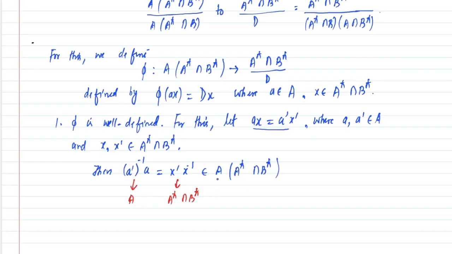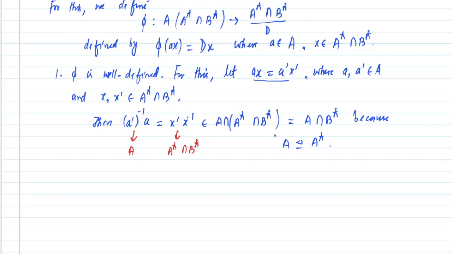But here A is a normal subgroup of A star, so we must have this equal to A intersection B star. This is because A is a normal subgroup of A star. When A is contained in A star, A intersection A star is equal to A, and then we have here B star.